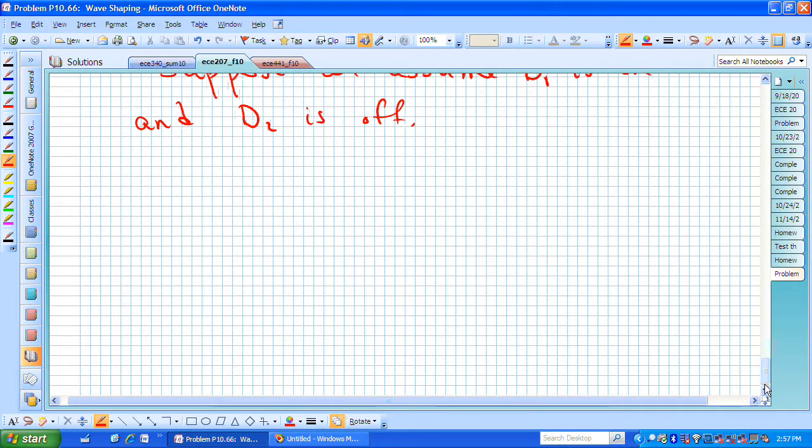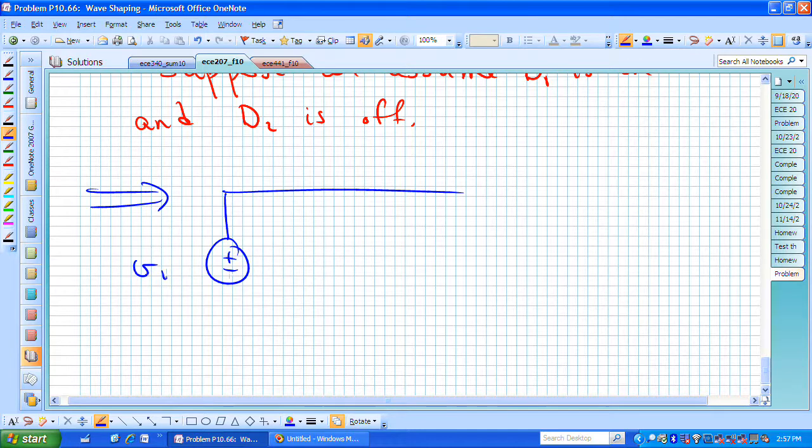If that's the case, let's redraw our circuit under those conditions. If diode 1 is on, then it looks like a wire. Here's our input, and again we were saying Vn is positive as far as we know. We said diode 1 was on, meaning it looks like a wire.